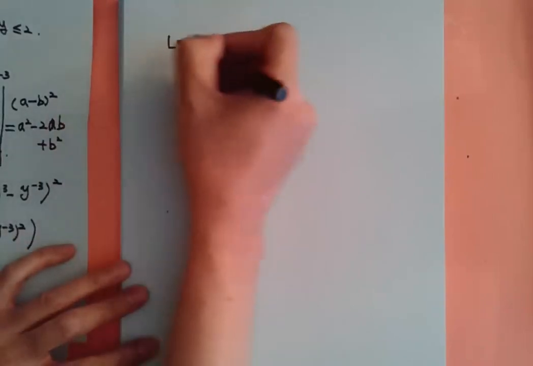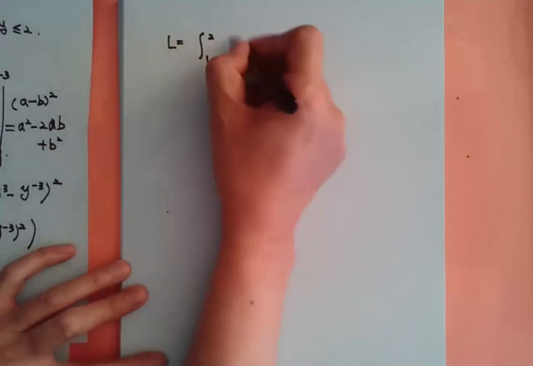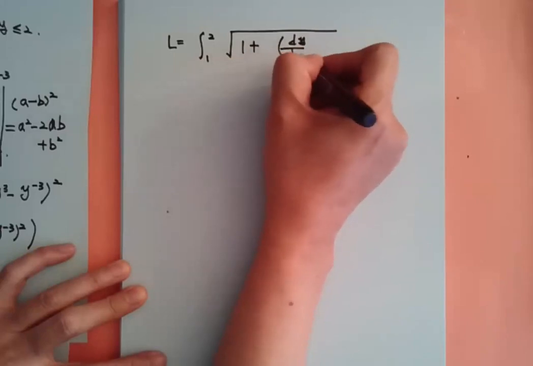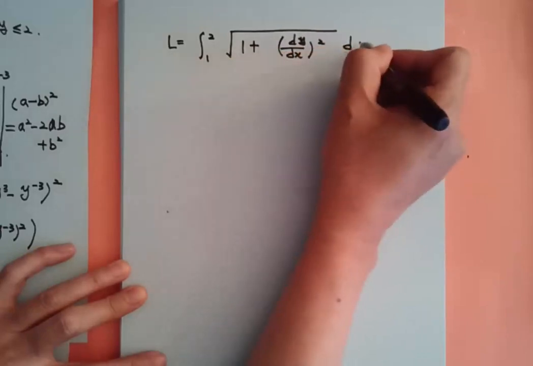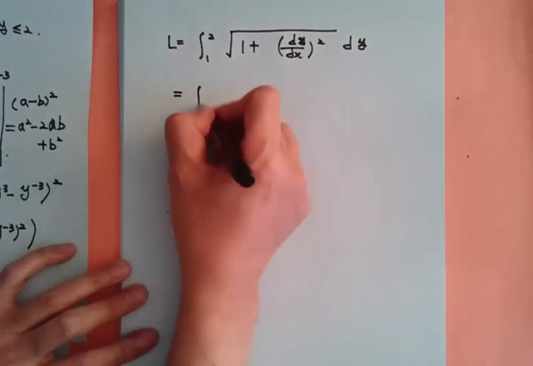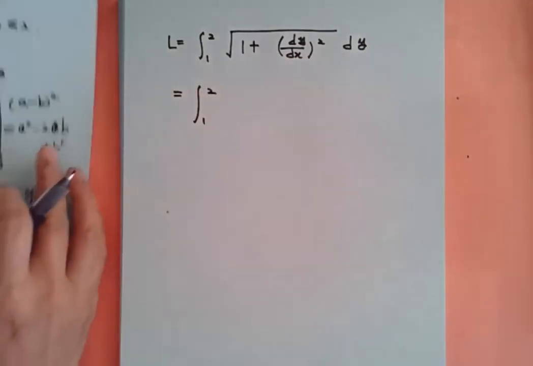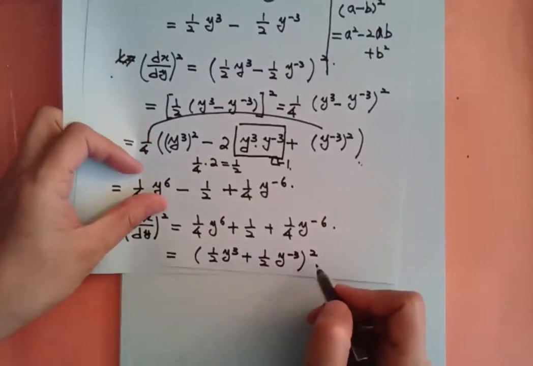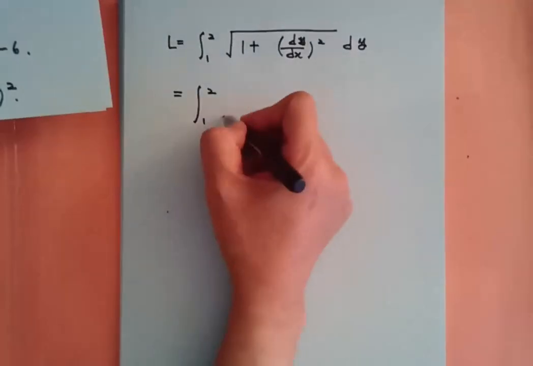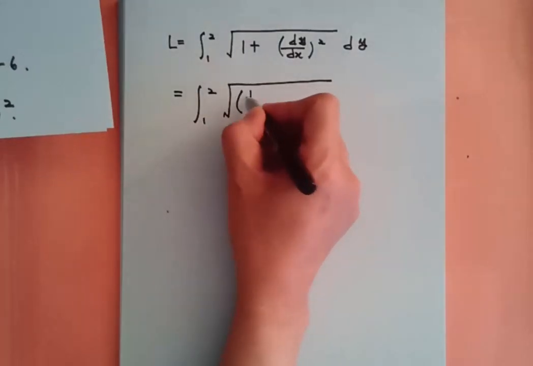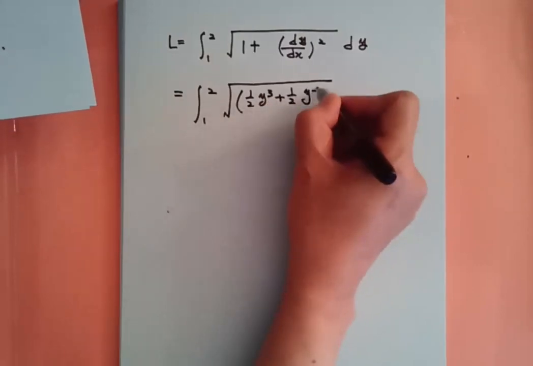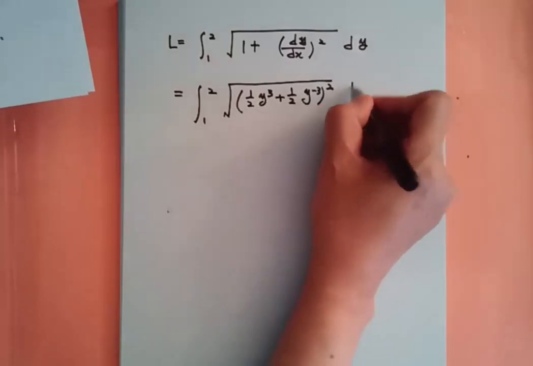So L is the integral from 1 to 2 of the square root of 1 plus (dx over dy) squared dy. So we went through the calculation, and this is the square root of (1 over 2 y cubed plus 1 over 2 y to the negative 3 power) squared dy.